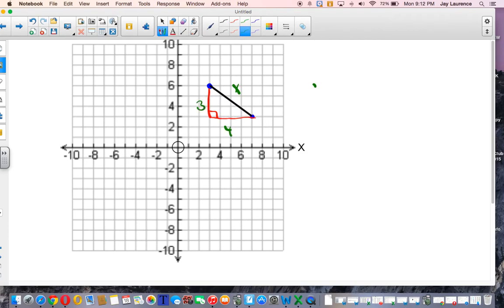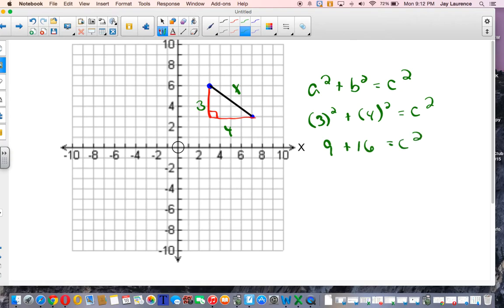And so I could go a squared plus b squared equals c squared. And then, of course, a would be 3, b would be 4, c squared. And so it would be 9 plus 16 equals c squared. 25 equals c squared. And then I will take the square root of both sides and get c equals 5.